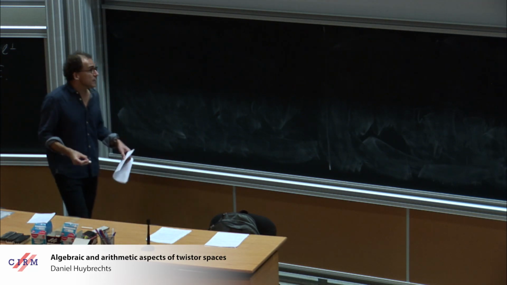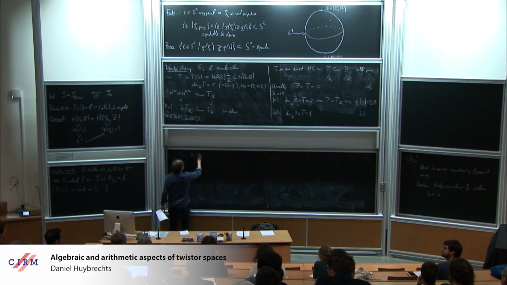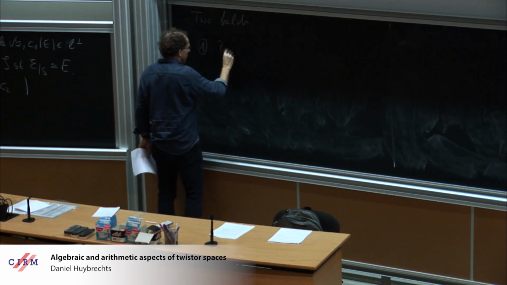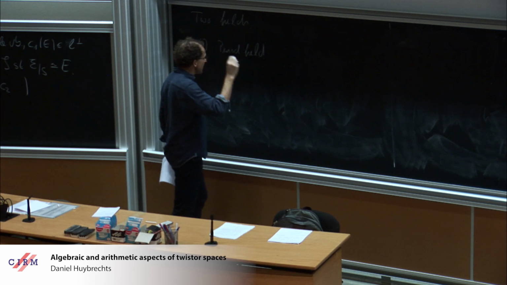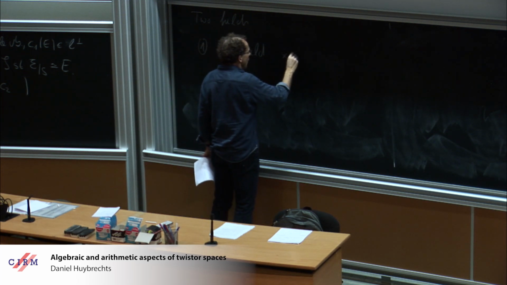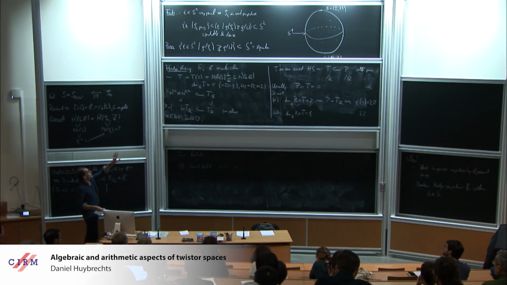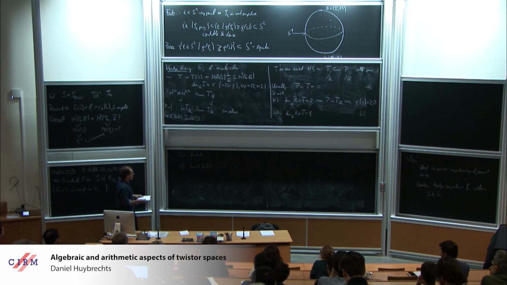Okay, so now there are two fields we study. The first one is the period field. So you take the period of your Hodge structure. So you see, most of the things I'm doing have nothing to do with K3 surfaces now. It just uses the Hodge structure T, which we call a Hodge structure of K3 type. So the 2,0 part is one-dimensional, and then there's this intersection form on it.